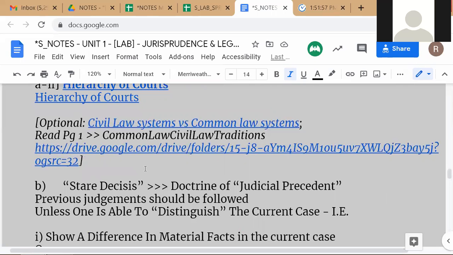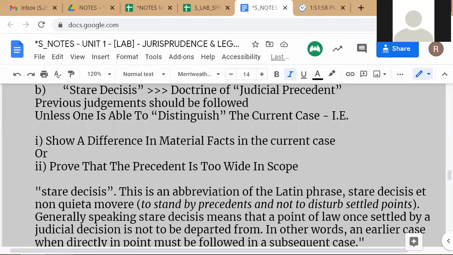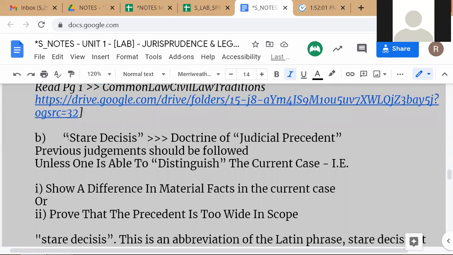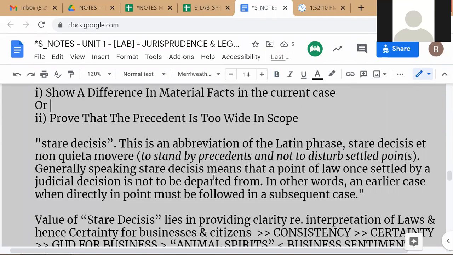Now here we've got the idea of judicial precedent. This is called stare decisis. The pronunciation is stare decisis. This is the Latin phrase.